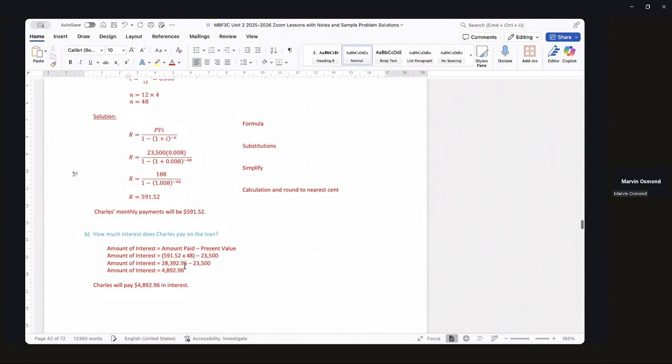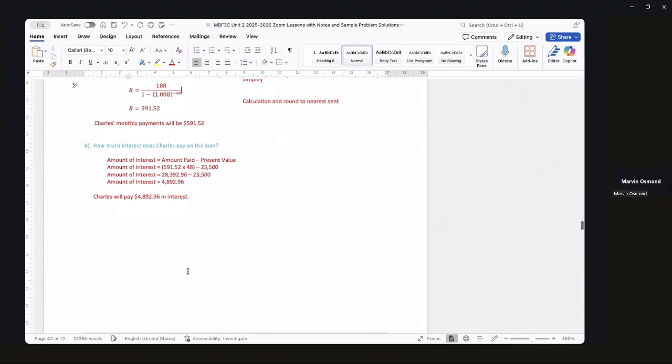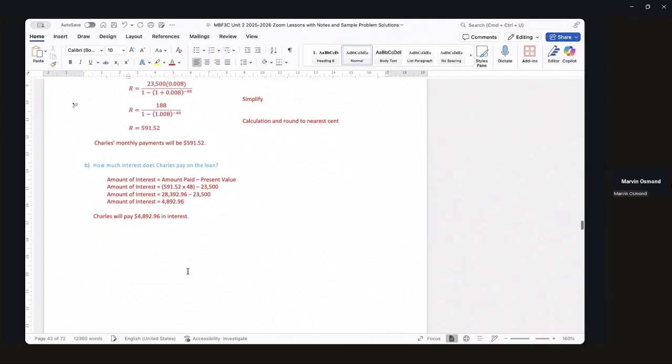If you subtract the amount you borrowed, the present value of $23,500, you will get $4,892.96. So Charlie will pay $4,892.96 in interest.